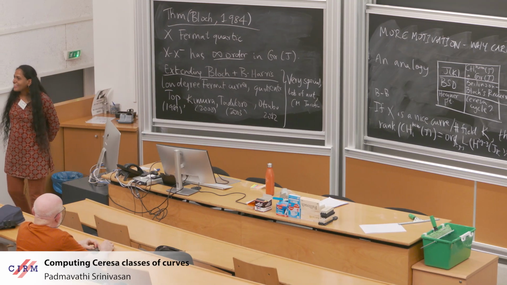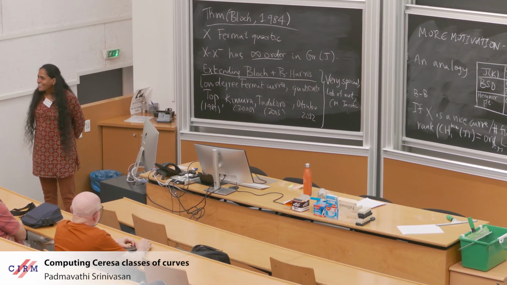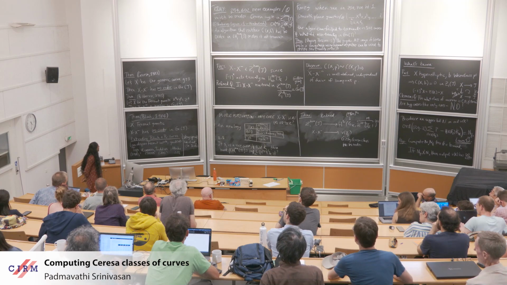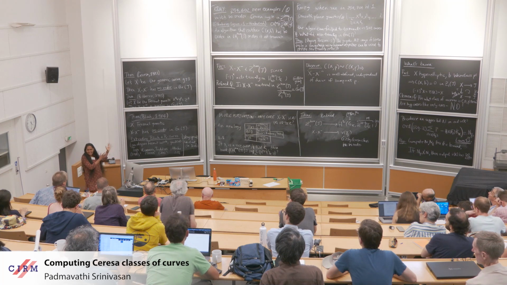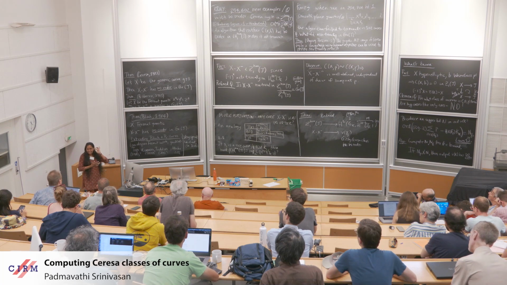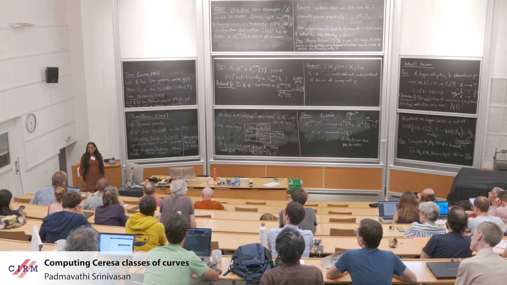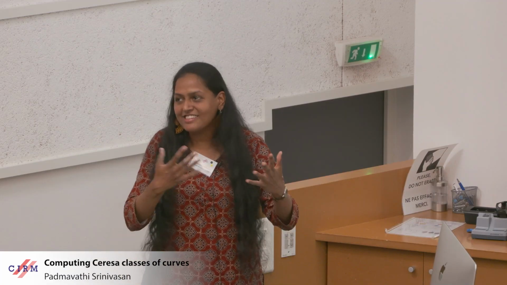I'm definitely convinced that this is awesome, the Ceresa cycle, but I was just curious, is this the sort of motivation that Ceresa had when studying the Ceresa cycle originally? I don't know. Beilinson and Bloch made their conjectures after the results on the Ceresa cycle came out. I don't know if he secretly had this in mind.